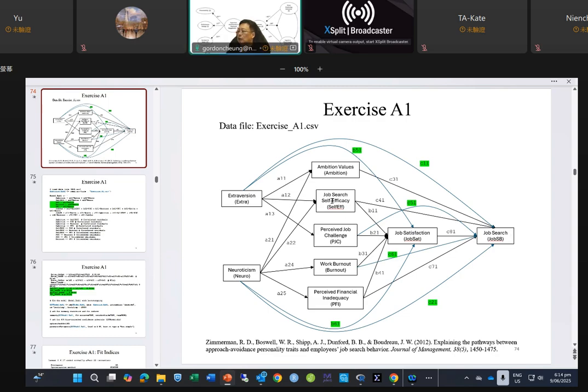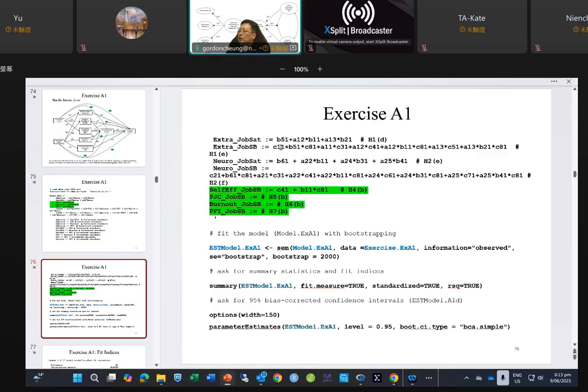There's one more. A12 times B11 times CH1, and then A13 times B21 times CH1. You just add all these paths. Okay, I've done the difficult parts for you.